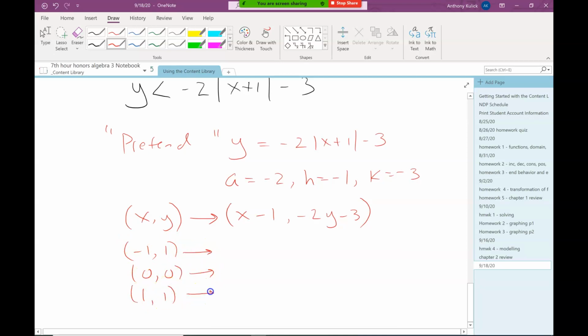Again, whenever we're graphing an absolute value, it's the same 3 points that we're using. Everybody okay with this so far? So exactly the same so far as homework 2, right?